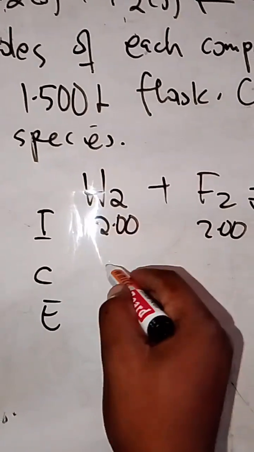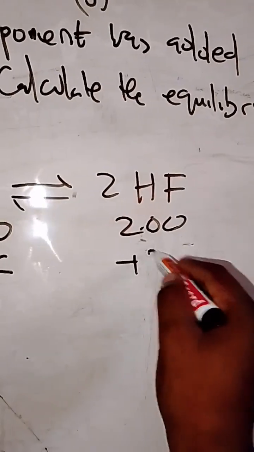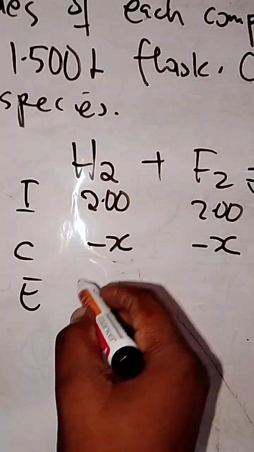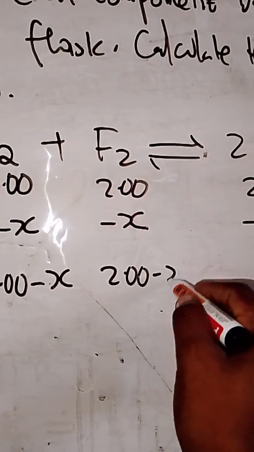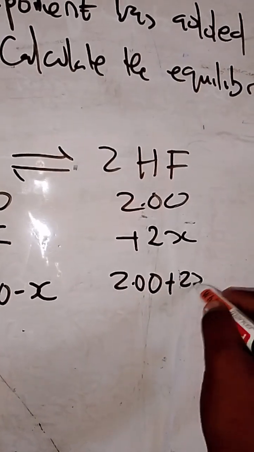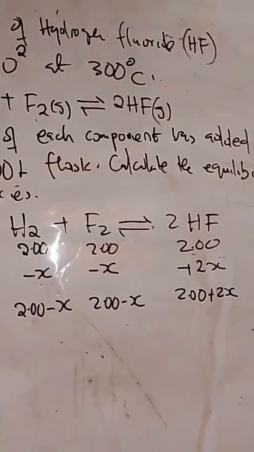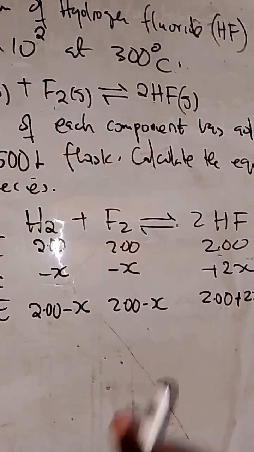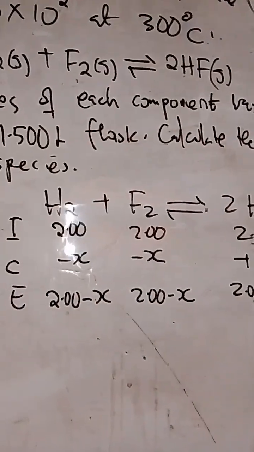Change in this case is minus x, minus x, then here plus 2x. So equilibrium now will be 2.00 minus x, 2.00 minus x, 2.00 plus 2x. So these are the equilibrium concentrations. Then we have the Kc. So what we need now is to determine the value for x.